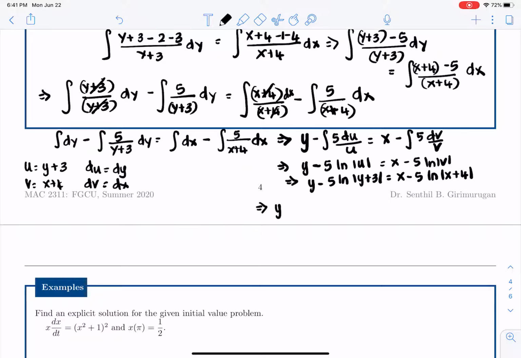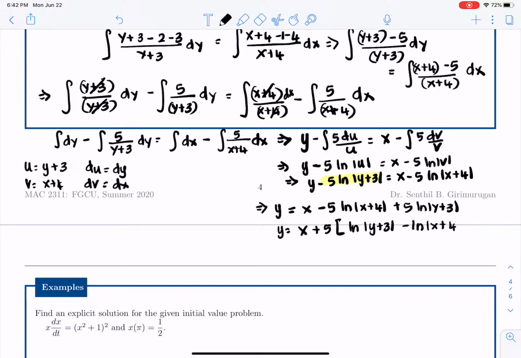And I'm going to move that term to the right hand side to simplify. So y would equal x minus 5 ln x plus 4 plus 5 times ln y plus 3. Should have given more space here. I have a 5 in common, so I have 5 times ln of y plus 3 minus ln of x plus 4.